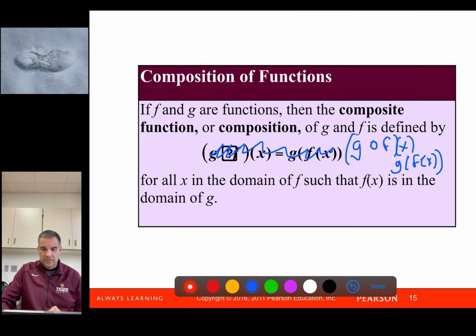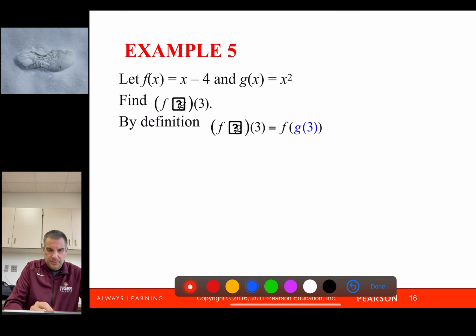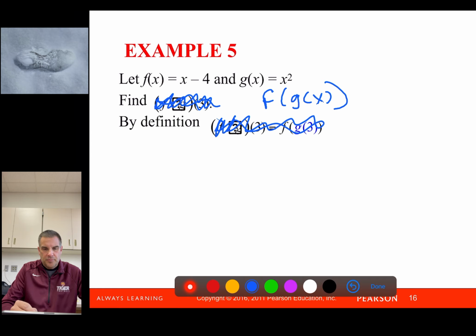So what does all of that mean? Okay, so I need the function here. Okay, so here's our f function and our g function, and we are going to find f of g of x. So this is what they're asking us to find, and don't worry about this part yet.